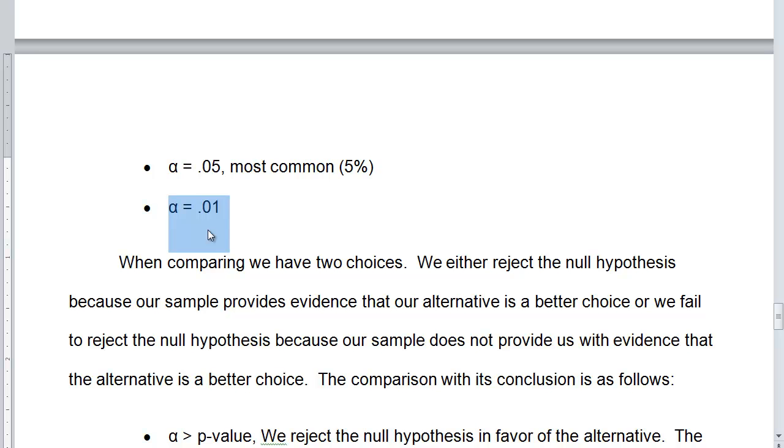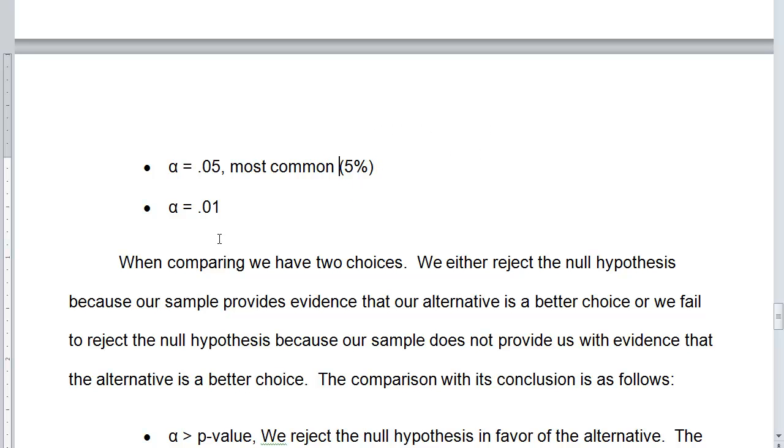But you would know, this would be the understood standard in your discipline for a certain type of experiment, for a certain type of observational study. This criteria, as you get into your field, would be very well understood. But for most introductory stats, for most problems, as you're getting started, 0.05 is the most common. And it is because that means that the sample is more than 2 standard deviations away from the center.